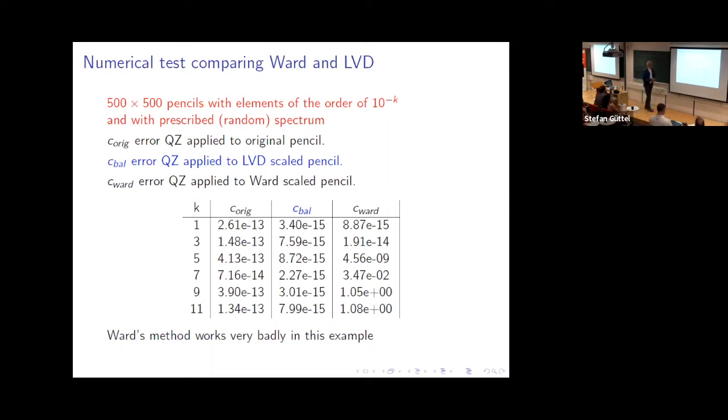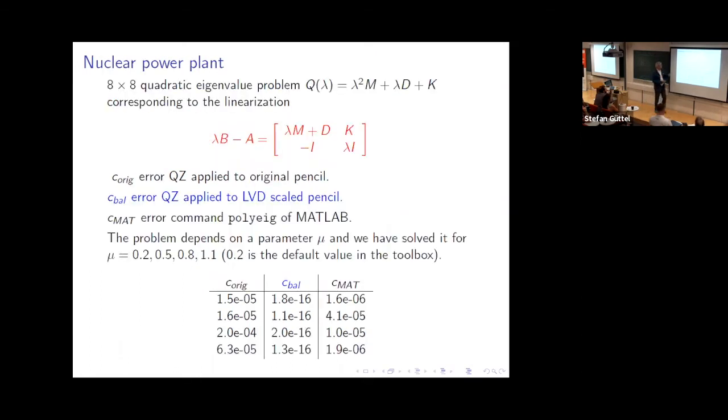Okay. Here's another example that comes from a paper of Françoise, I think. This is a second order polynomial matrix, which you can turn into a pencil. And there we use 3 different methods. Since this is a polynomial matrix, you can use polyeig of MATLAB, which is for polynomial matrices. Or you can solve directly on this pencil without scaling, or you can solve it with scaling.